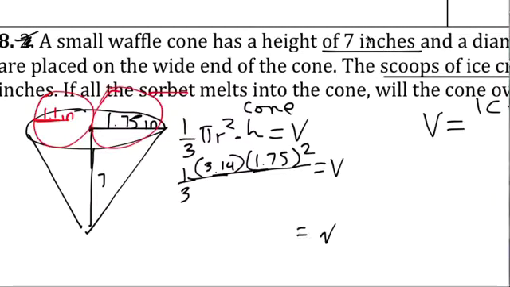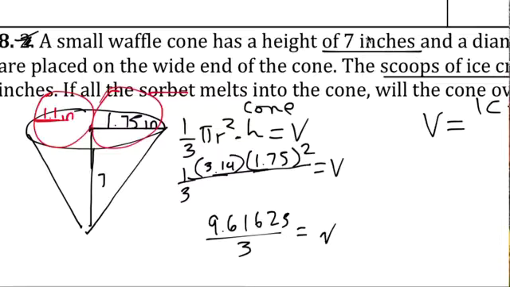All right, and when we do that, I like to do the 1.75 squared first, and then I multiply it, and that's 3.0625. Then I multiply that with 3.14, and then I get 9.61625.